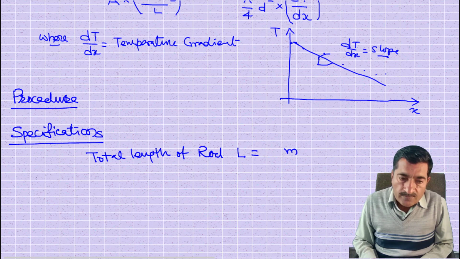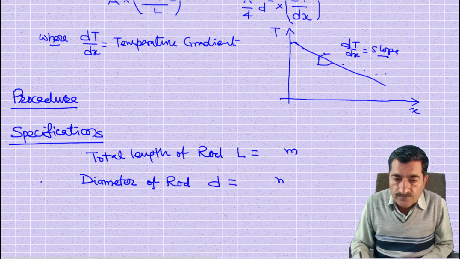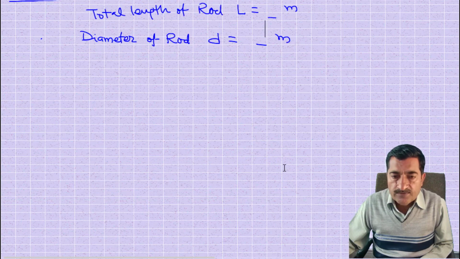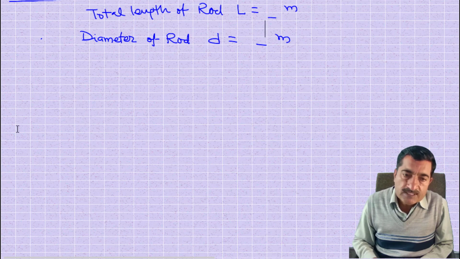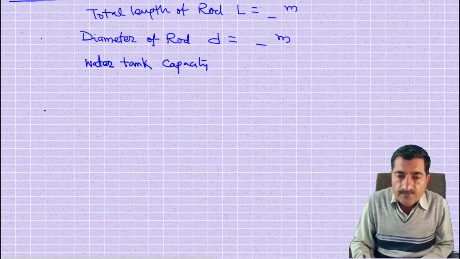Diameter of bar, or diameter of metallic rod D, this is from the write up given in the lab. Measuring flask capacity, water tank capacity, this is in meter cube.